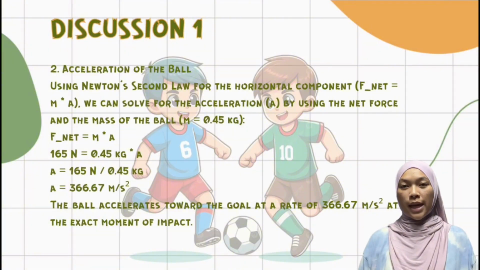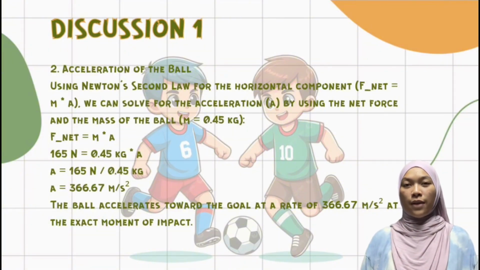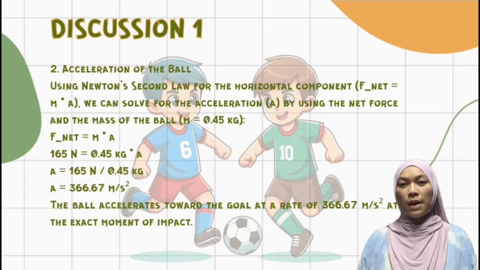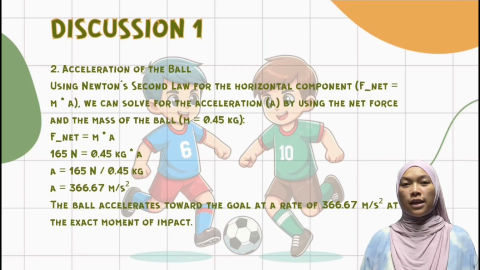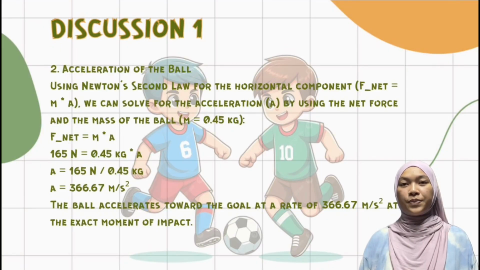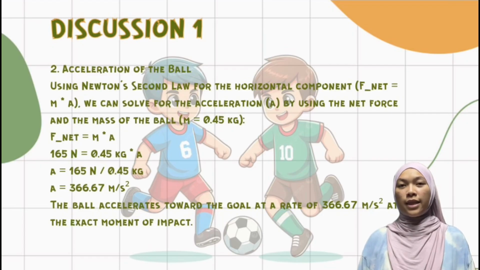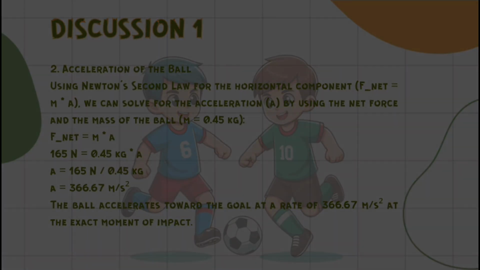Fnet equals ma, 165 Newton equals 0.45 kg multiplied by a, so a equals 165 Newton divided by 0.45 kg, a equals 366.67 meters per second squared. The ball accelerates towards the goal at a rate of 366.67 meters per second squared at the exact moment of impact.